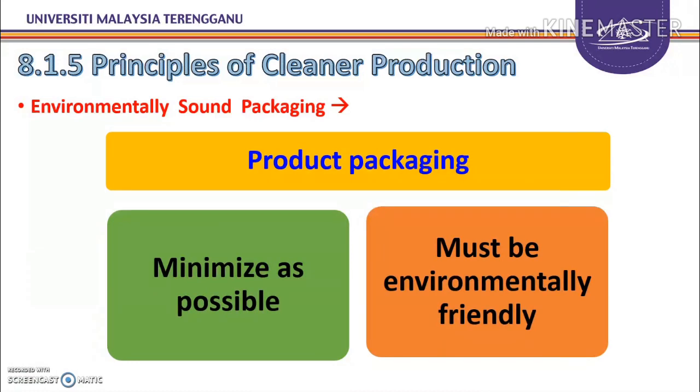Okay, and then environmentally sound packaging. For product packaging, we try to minimize packaging as much as possible, and the packaging must also be environmentally friendly. Try to avoid materials that have a longer degradation time, and try to introduce biodegradable material to our product packaging.